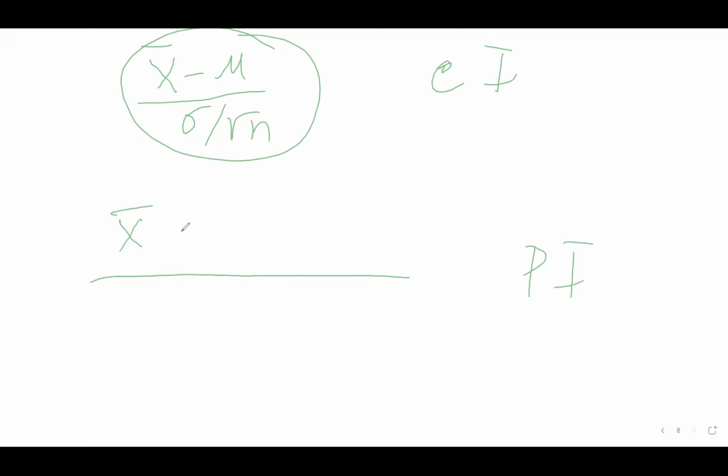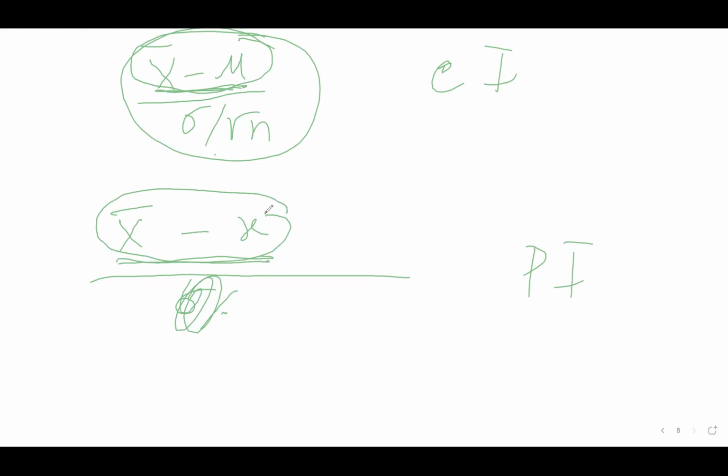So that's X bar minus X. In the numerator we had X bar minus mu, divided by the standard deviation of this one. So now we have to calculate the standard deviation of X bar minus X.